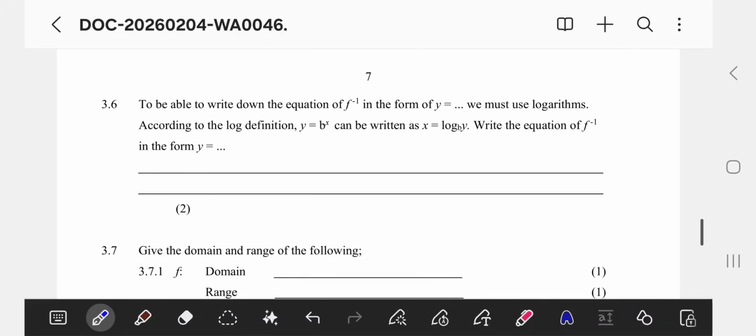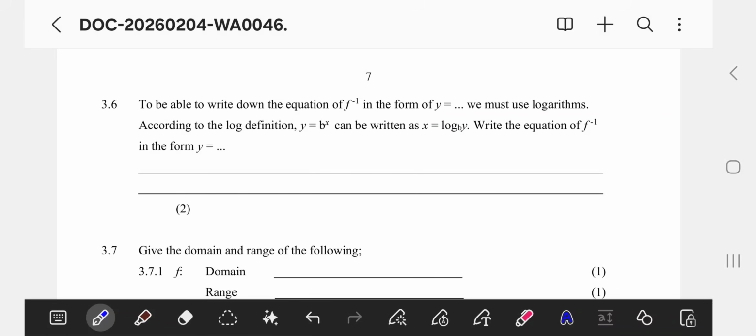3.6, to be able to write down the equation of f to the -1 in the form y is equal to, we must use logarithms. According to the log definition, y is equal to b to the power x can be written as x is equal to log base b of y.